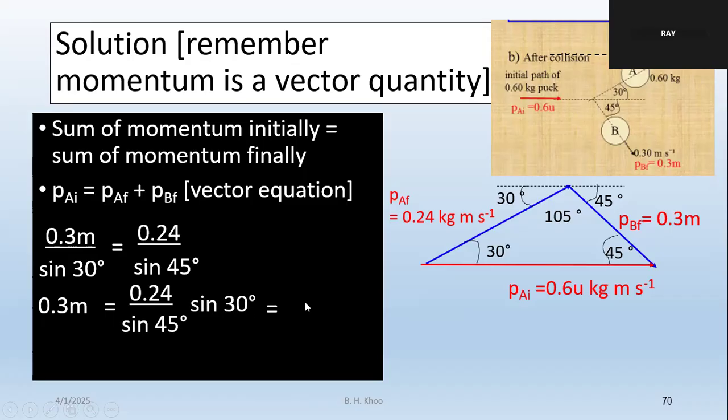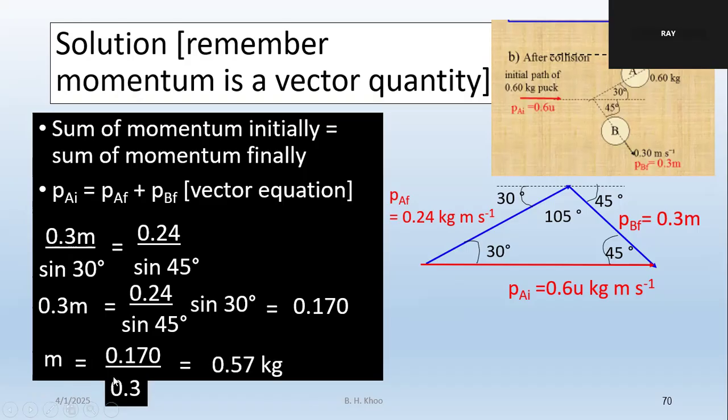Use your calculator to calculate it out. Then you can calculate your M. Okay. Any comment? No. Okay. So that is by using vector addition.